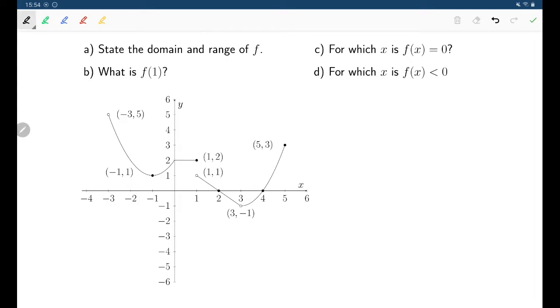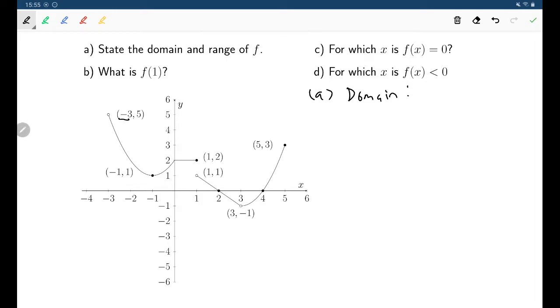And that's important to think about here, because when we're thinking about the domain and the range, we have to think about what are the x values that we're using. And so for our x values, we don't have anything less than -3. We don't have anything larger than 5. All of our x values are between -3 and 5. But we're going to have to be a little bit careful, because there are some values that are not included.